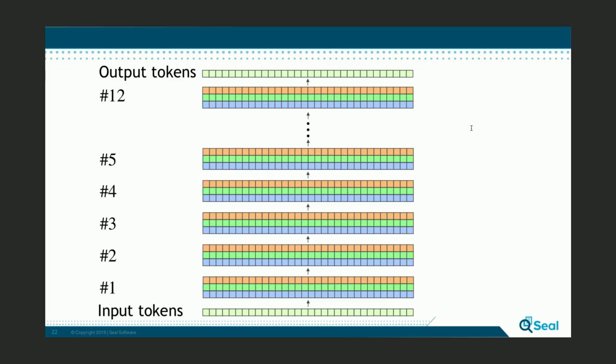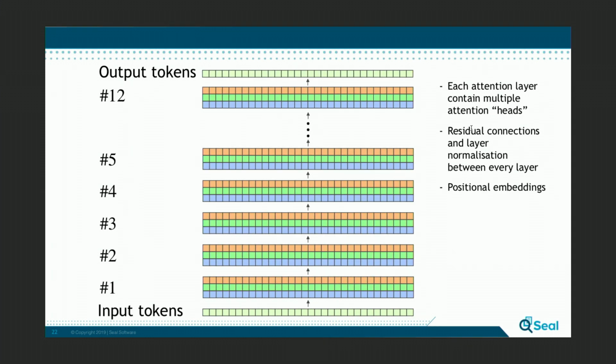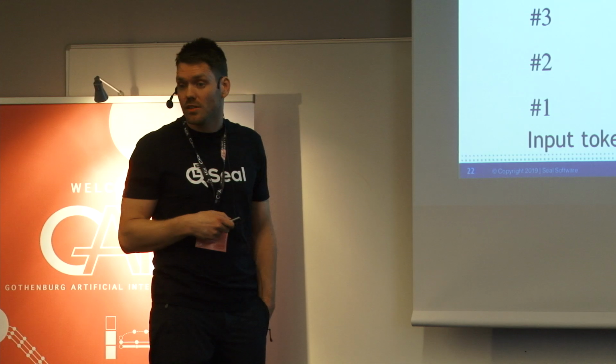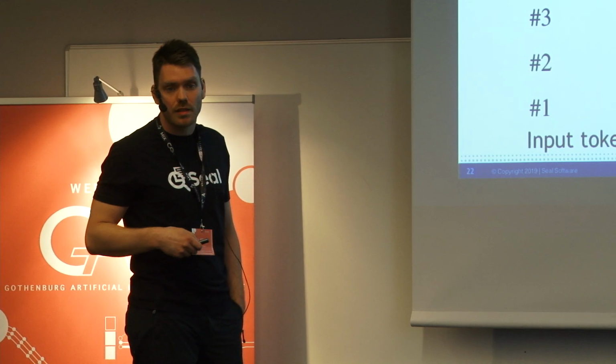You have the input tokens downstairs, you propagate upwards, and you get this higher order attention mechanism that can ask around. And in the end, you have this output layer, which is just probabilities over your English words. There are some more bells and whistles to this that I won't have time to go into here, but this is basically the idea of the transformer model.